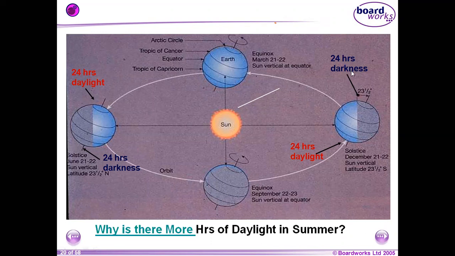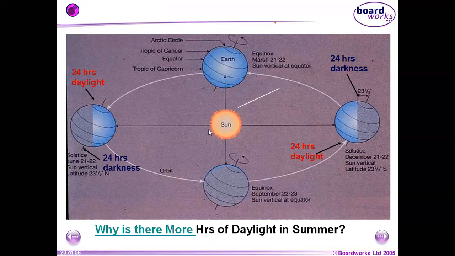At the North Pole, we have 24 hours of darkness. That is when it is summer in the southern hemisphere. At the North Pole, we have regions that will not experience a single ray of light. They will be in darkness for 24 hours. The same goes for the South Pole here.